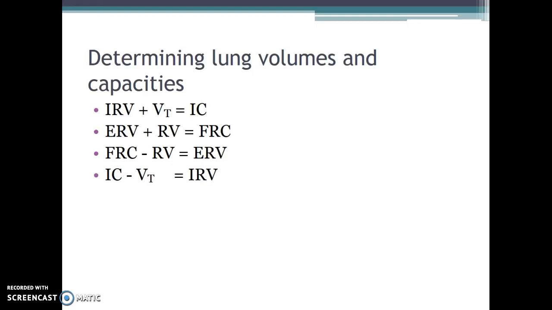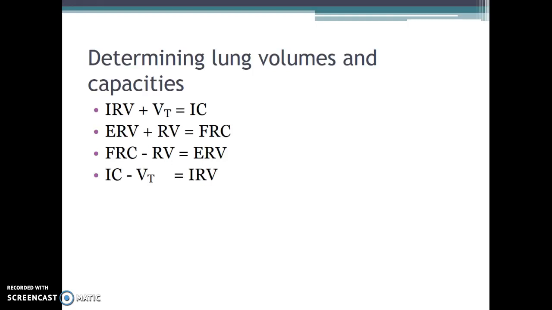So if you want to turn to page 131, we'll do the problems for that one. The first problem says IRV equals 2,300 milliliters, ERV equals 1,050 milliliters, tidal volume equals 650 milliliters, and residual volume equals 1,300 milliliters.